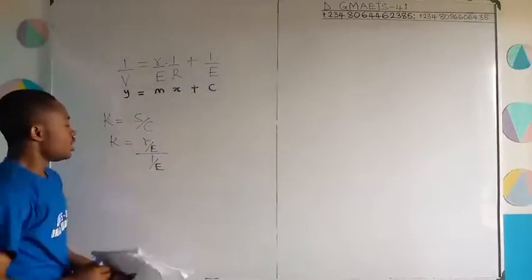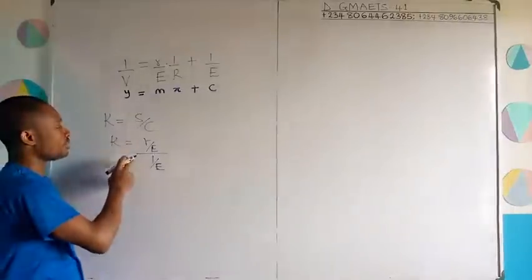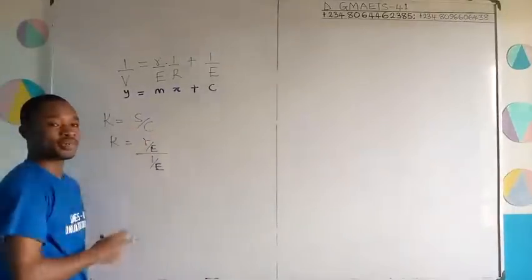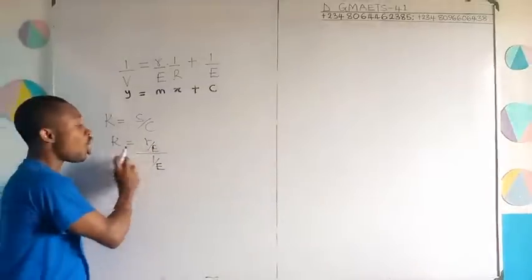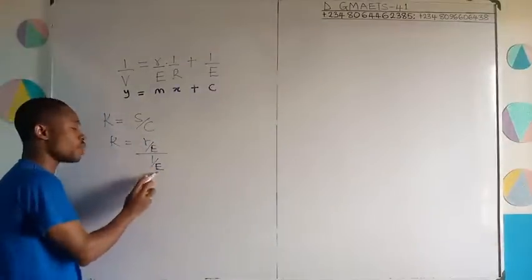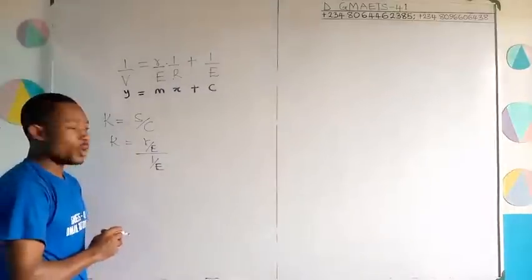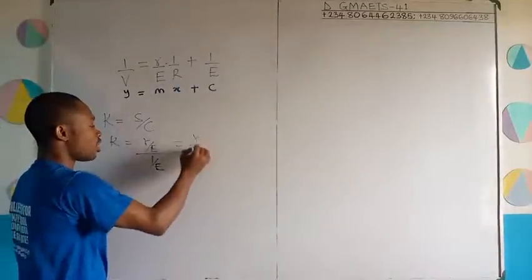If you simplify this, K, which is slope over intercept, is actually internal resistance divided by electromotive force, all over 1 over the electromotive force.